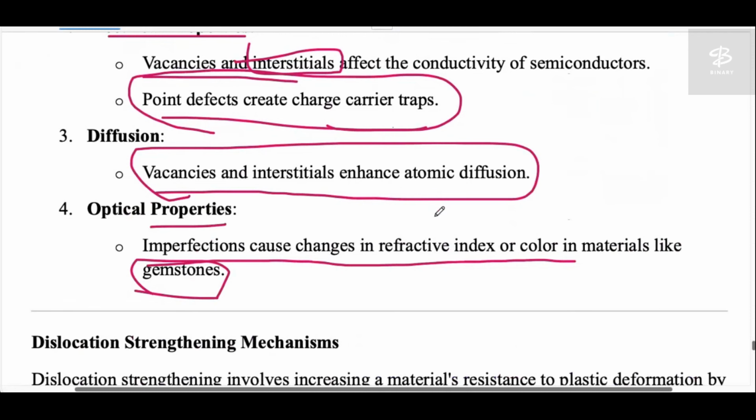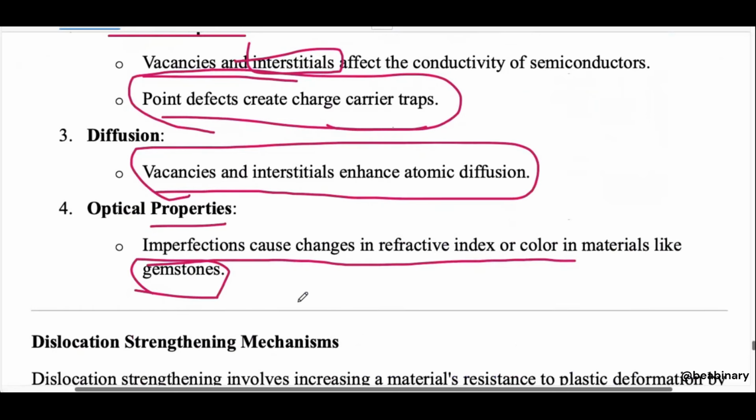So obviously, if there is some kind of defect in your material, the refractive index will be compromised. Suppose there is a perfect or fixed refractive index for a particular material, and if there is a dislocation or imperfection or defect, then it will deviate either more or less. They will change their refractive index, and that compromises the property. Okay.